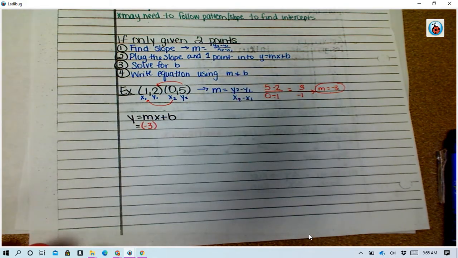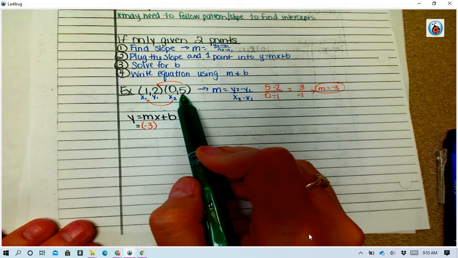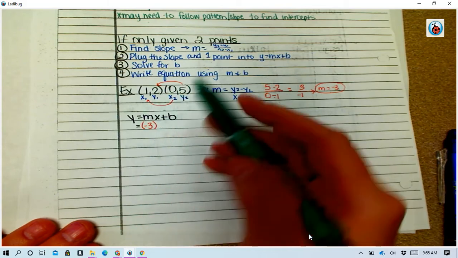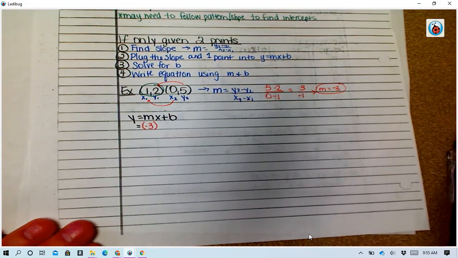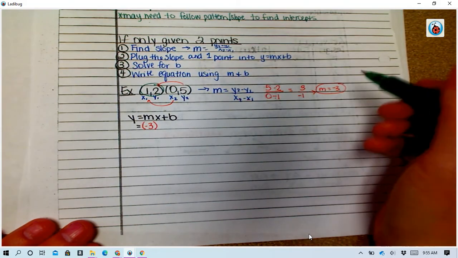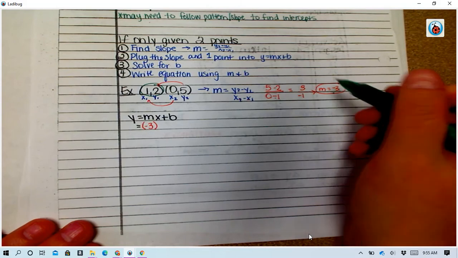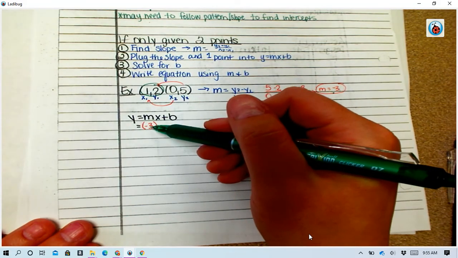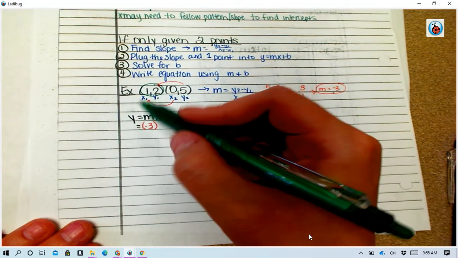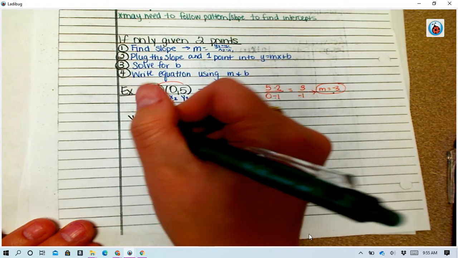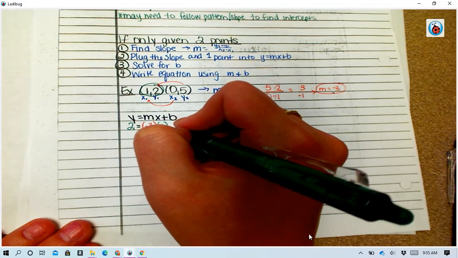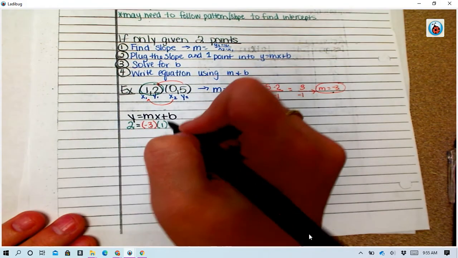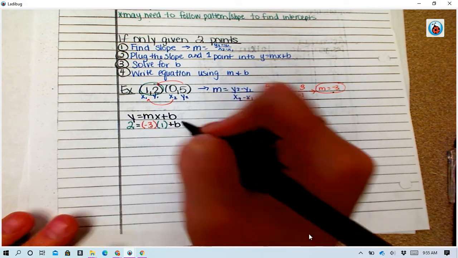And you can pick either of these points that they give you. I usually tend to go with the first one, just to keep it consistent for me every time. I'm going to take the first point and the slope and plug it in here. So the y value of that point is 2. The x value of that point is 1. And what we're doing here is we are solving for b.